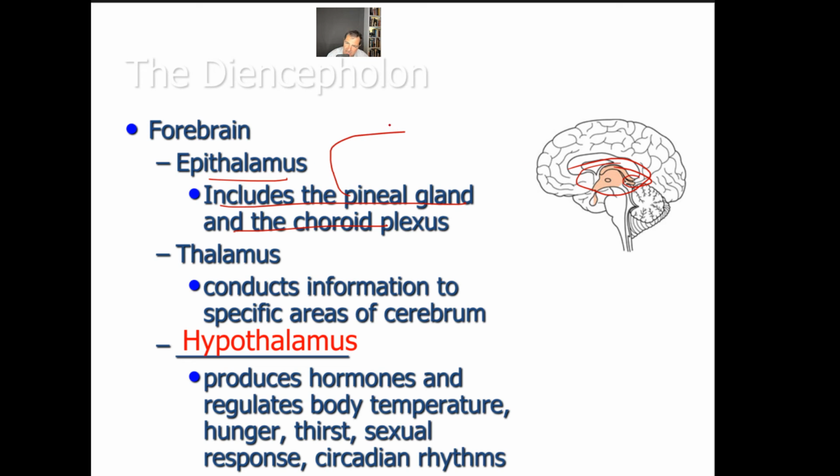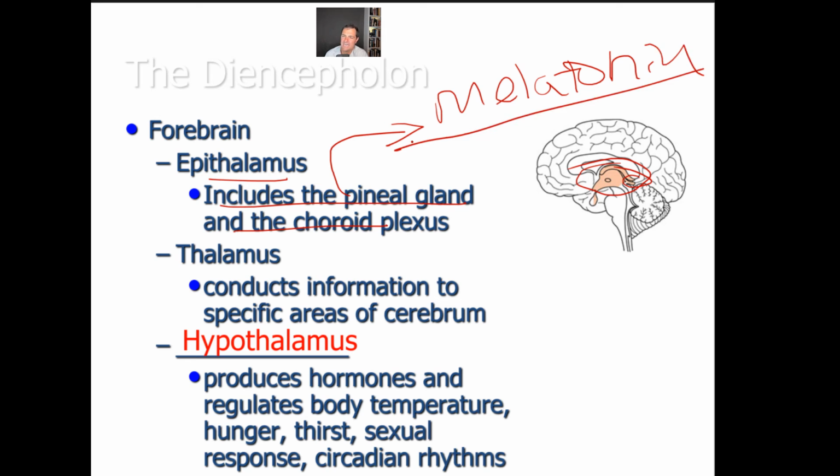The pineal gland is why none of us can sleep really well at night. It releases melatonin. And as you're inside all day and you don't know what time it is anymore, or you have jet lag because you traveled somewhere, the pineal gland releases melatonin, and that helps regulate your sleep and wake cycles.